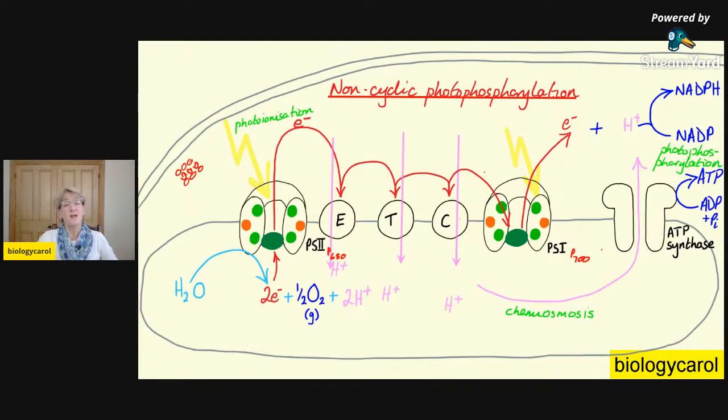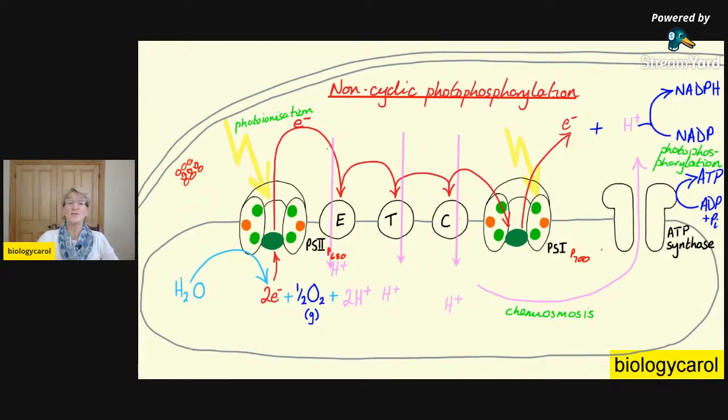All of this, I have taught this in a sequence, but all of this is going on at the same time as light strikes the chlorophyll molecules and the other photosynthetic pigments, and electrons are excited. So that is non-cyclic photophosphorylation.